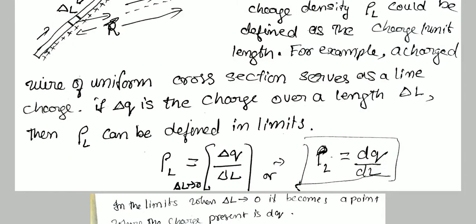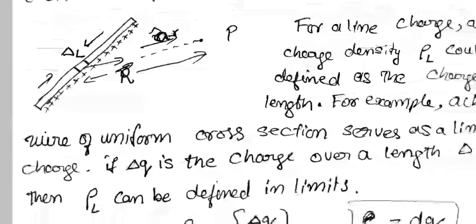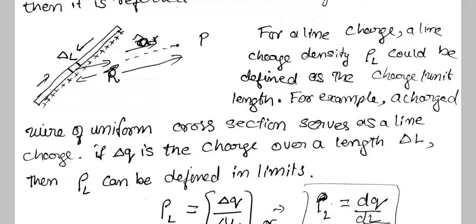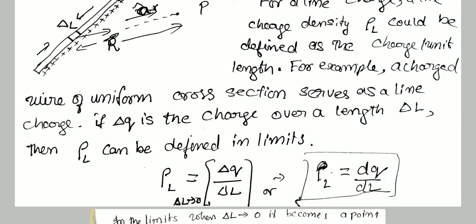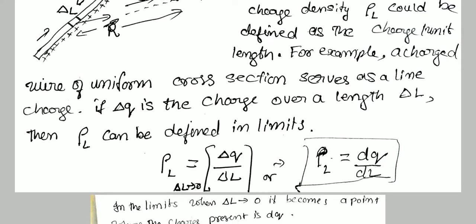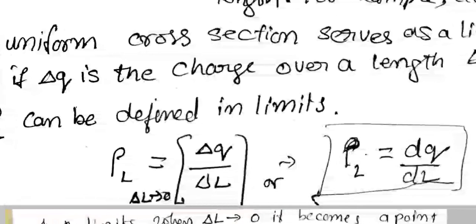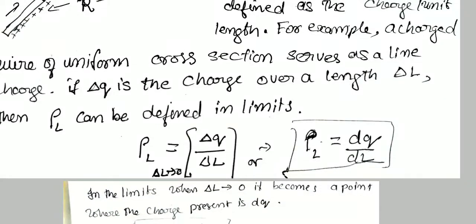So if delta Q is a small charge over a small length delta L, then the ratio of charge to length, delta Q by delta L, where delta L tends to 0, is called rho L, that is the charge density.